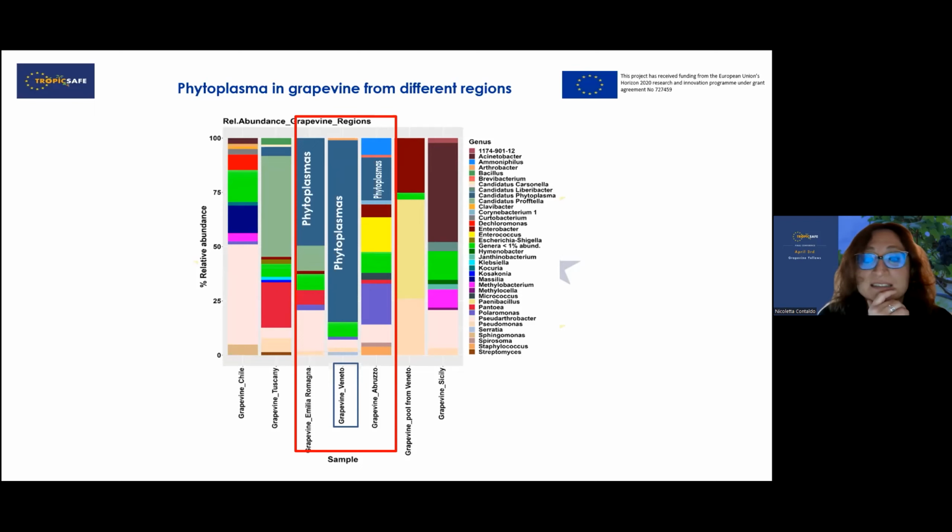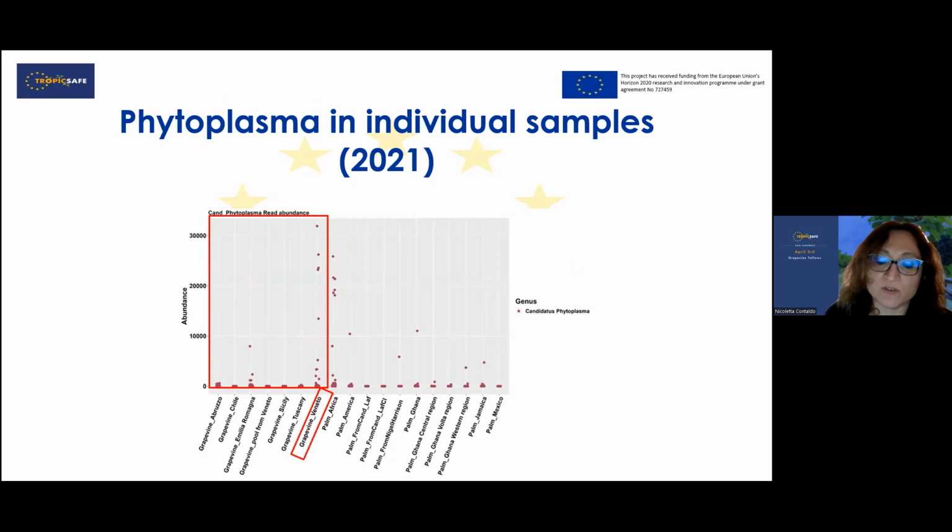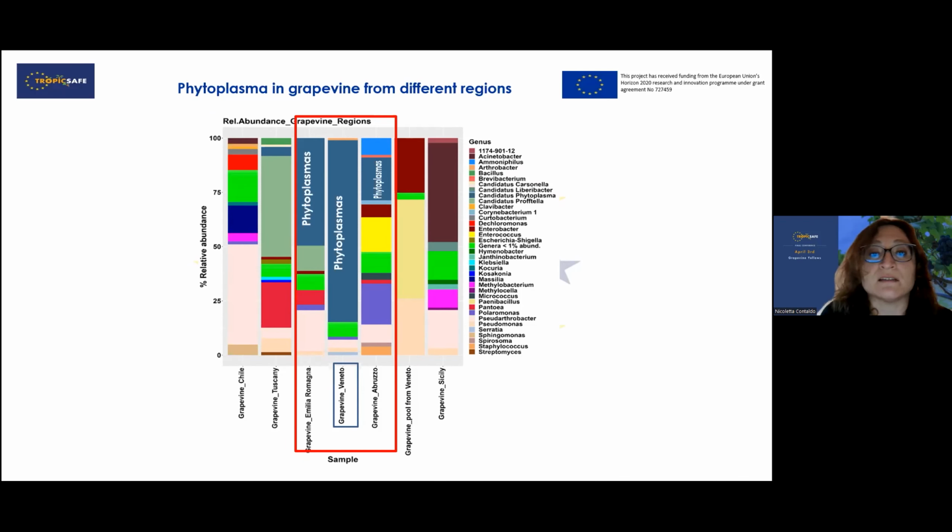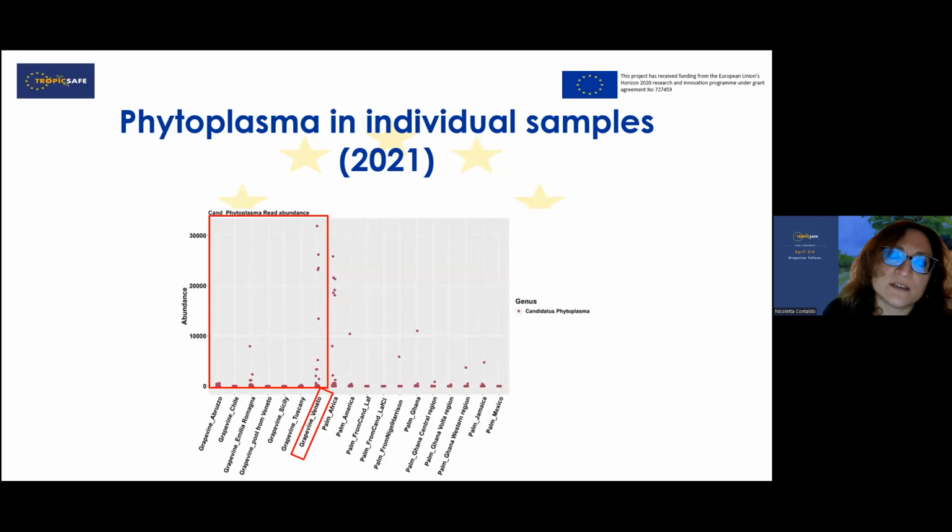In the rest of the regions, the phytoplasma presence was quite low and sometimes almost undetectable. Here in the graph, you can see the presence of phytoplasmas in individual samples. Again, the region where the phytoplasmas were easily detected was Veneto, compared to the other regions where only few samples were identified as phytoplasma infected.